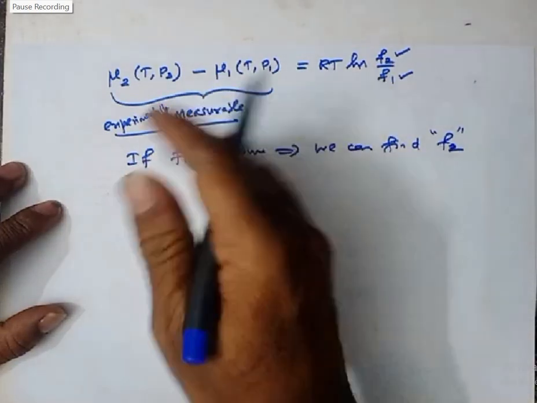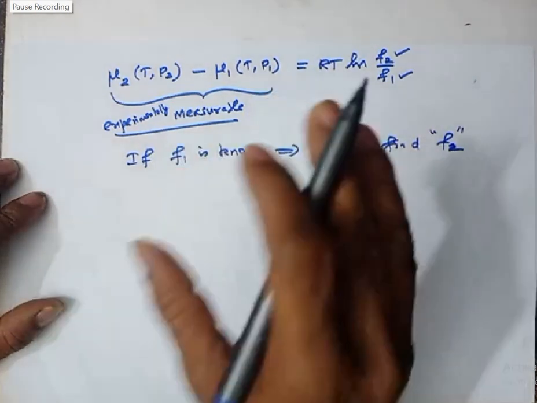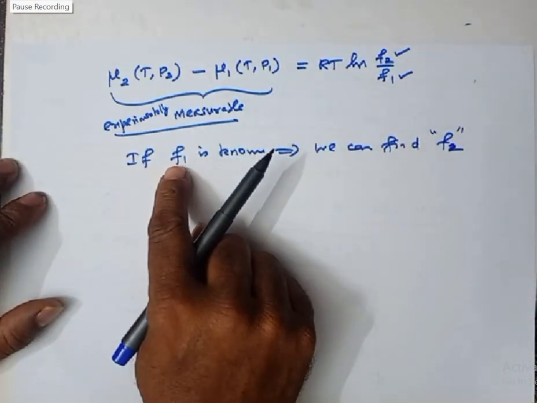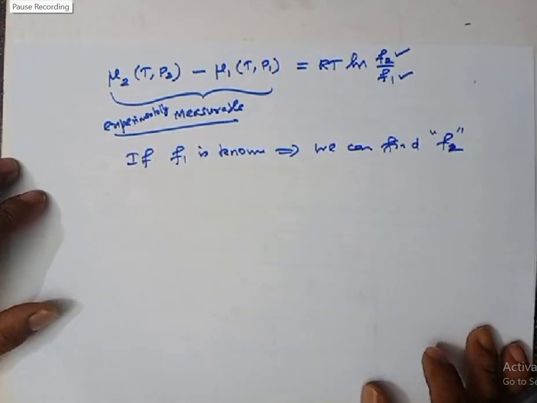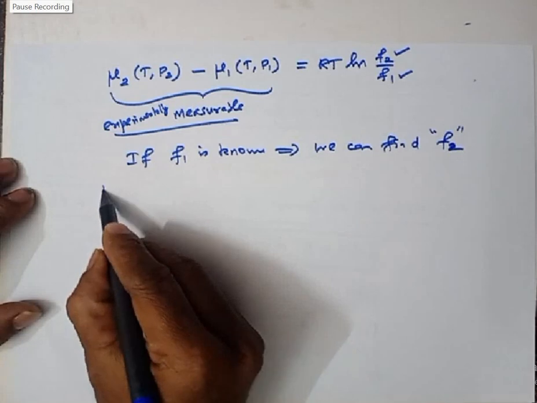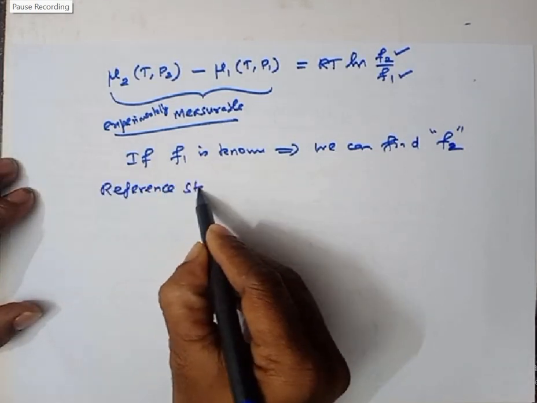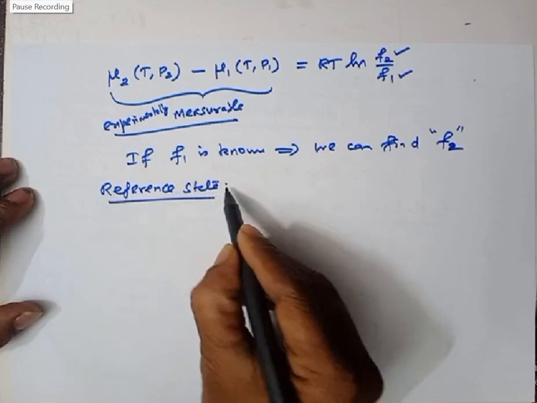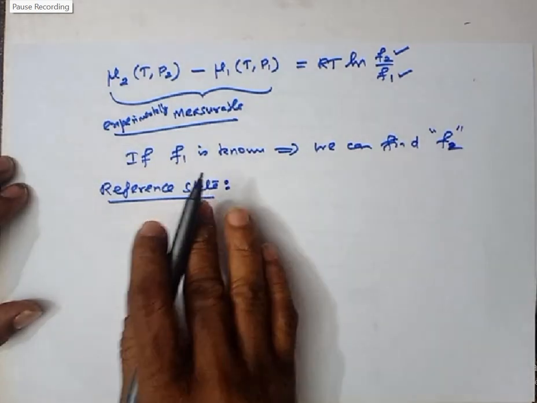Let us take some reference state. In that reference state, we will fix a value for the fugacity F1. We'll assign some value. So they took a reference state initially. What is a reference state? Very simple.